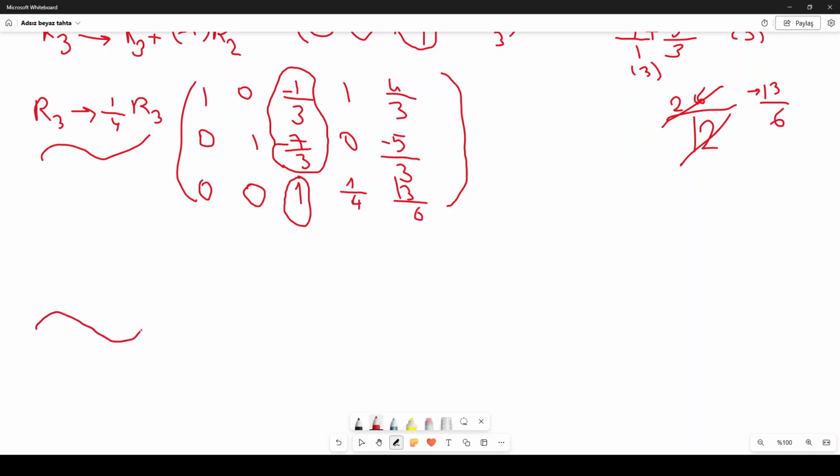So again, I will perform one more elimination process, one more elementary row operation, where I replace R1 by R1 plus 1/3 R3, and again for the second row I replace row 2 by row 2 plus this time 7 over 3 times R3.